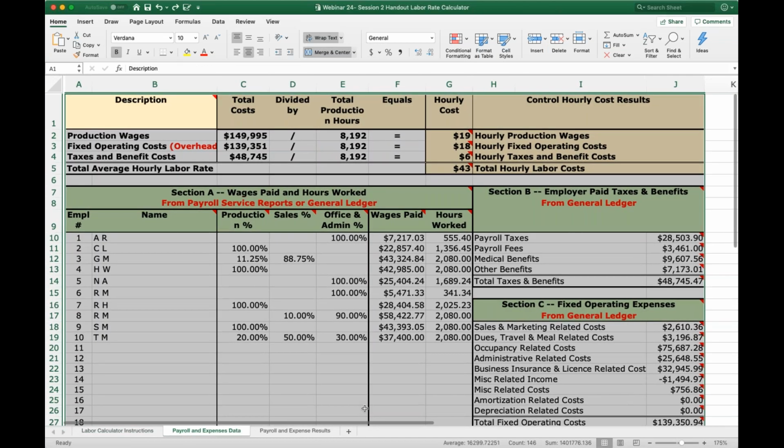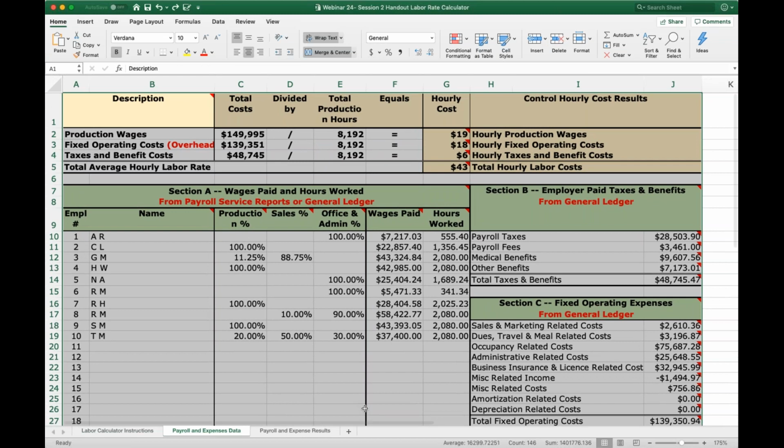Basically, what you're looking at here, in the light tan color or whatever color that is, the top 4 rows, these are the numbers. This is the result. This is the answer to your questions. So the first thing is this particular customer. This is a real set of numbers, not just ones that I've invented.